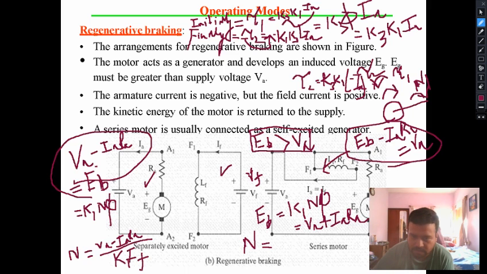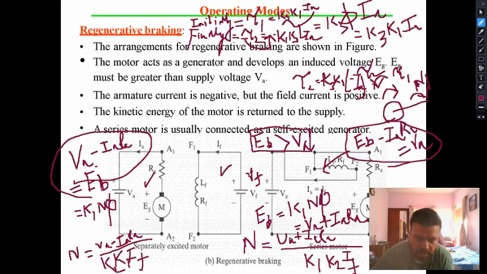So N is equal to VA plus IAR by K1 K2 IF.